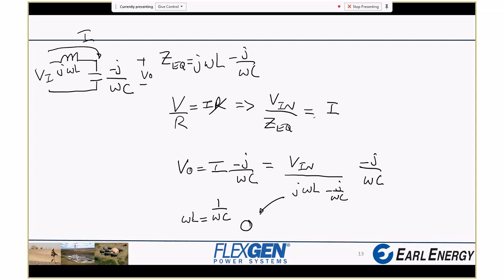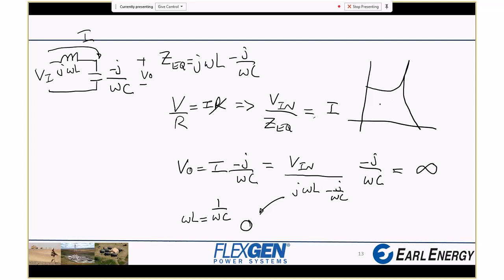When this condition is met, omega L equals 1 over omega C, this goes to infinity. And that, I hope, explains the corner frequency, the resonance at the corner frequency that we were showing before. I didn't explain why this happens at the corner frequency, or why the two are related, but I just wanted you to be aware that that happens.